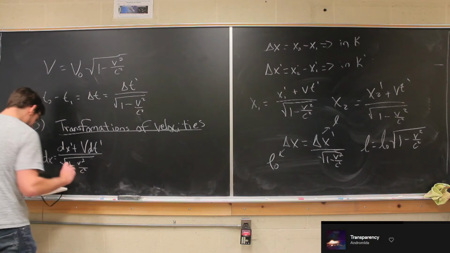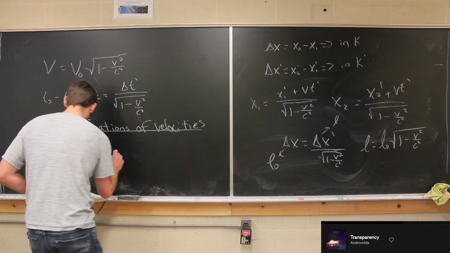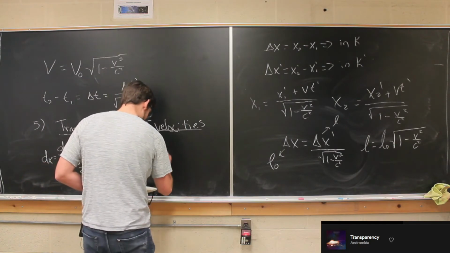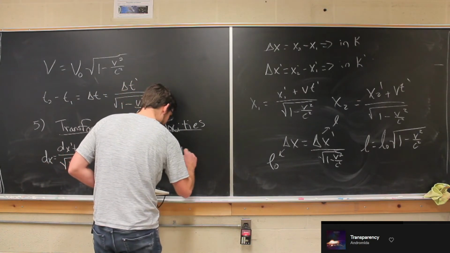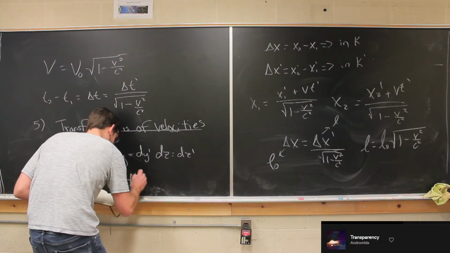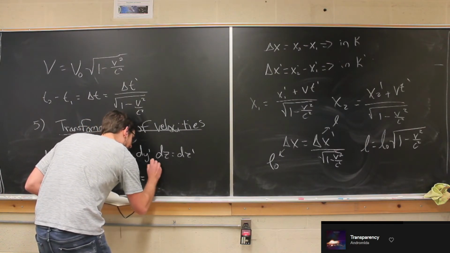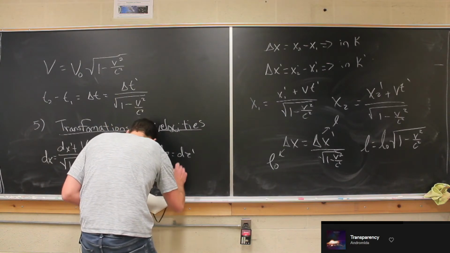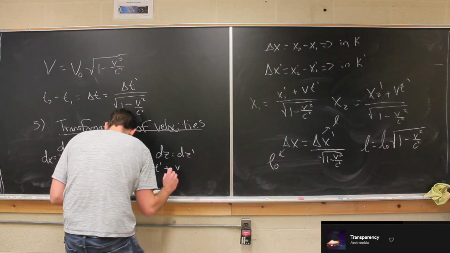And then let's see. So we have dy is equal to dy prime, dz is equal to dz prime, and then dt. Of course, these are all the same things. Just now we're talking about infinitesimals and how it changes infinitesimally. And that way we can start comparing velocities and how velocities of objects are going to be changing.